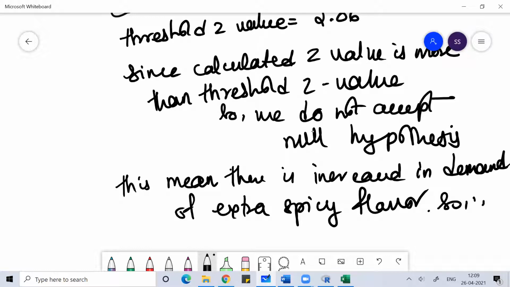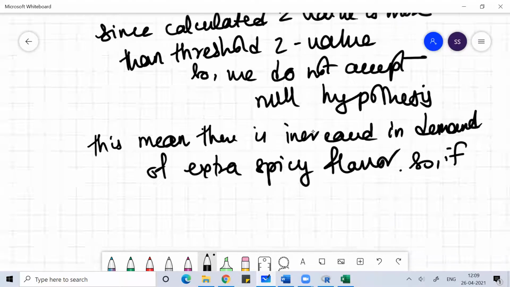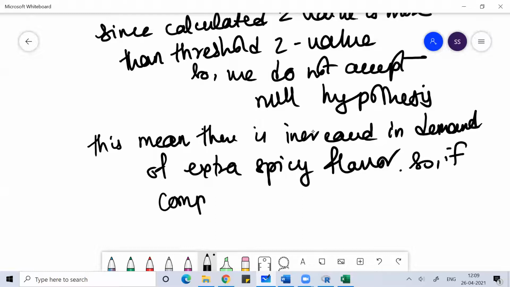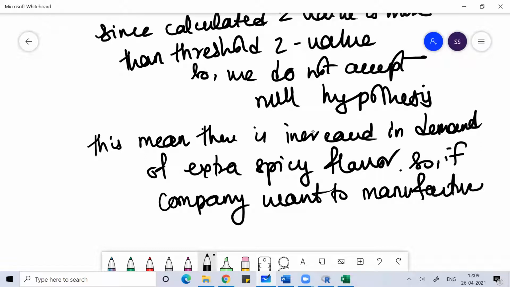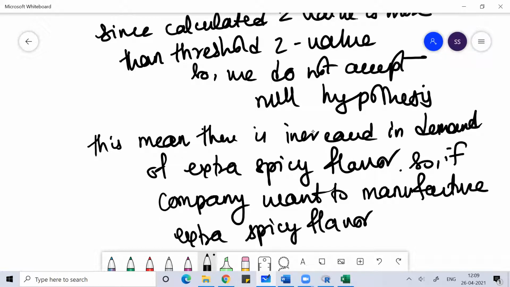So if the company wants to manufacture the extra spicy flavor, they can do that.